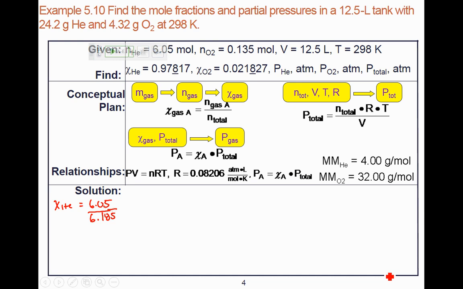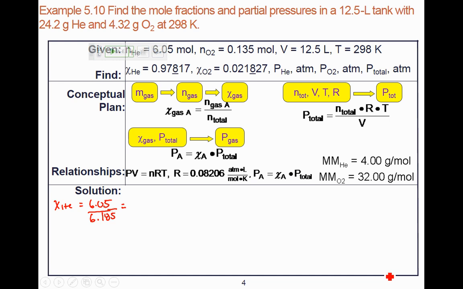If our gas has a really high molar mass, it might look like we have a lot more of it in grams, but when we actually look at moles, it might be less. So don't just look at grams and make the assumption, well, we have more grams of He, so we have more He molecules. That may not be true. It's true here because He only weighs 4 grams per mole. So always watch for that. Always convert to moles.